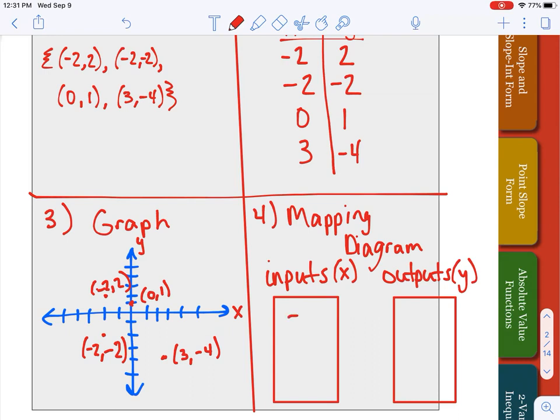So in this first box, we don't have to repeat the -2. If we write it once, we don't have to write it again. And the outputs, we write them all. There's no repeated ones. And -2 goes to both 2 and -2. 0 goes to 1, and 3 goes to 4. Sorry, -4.